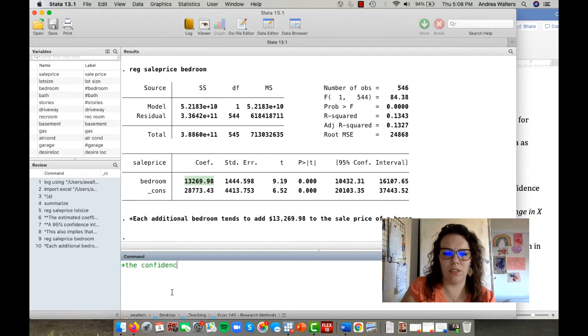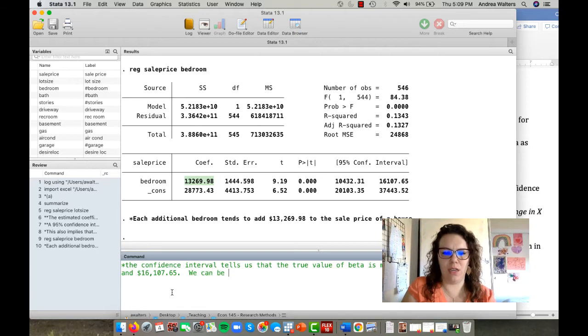The confidence interval tells us that the true value of beta is most likely between $10,432.31 and $16,107.65.